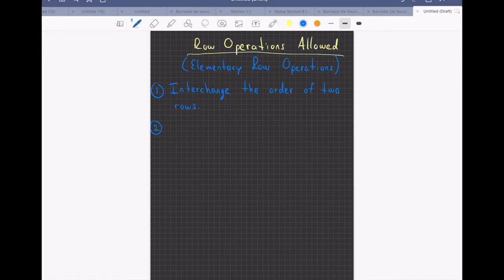Interchange the order of two rows. Number 2, multiply, but essentially a division is a multiplication, so we can put here multiply or divide any row by a scalar different from 0. Scalar in this video is going to be only a real number.